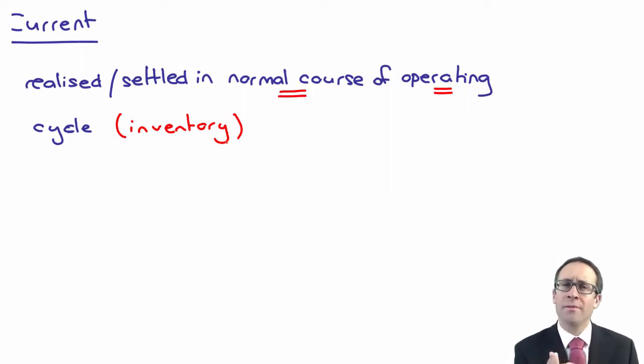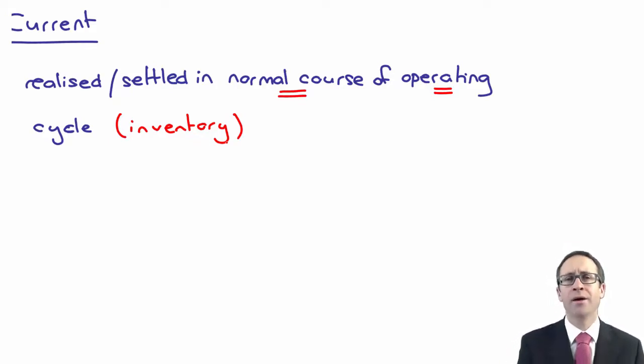But just think about maybe the inventory that you sell isn't going to be sold within a year. Let's say you're a construction company constructing an asset to be sold in the future. Or maybe you are in the furniture business and you make very bespoke wooden furniture. Once the wood has been chopped down and you've bought that wood, you have to allow it to dry out, to mature.